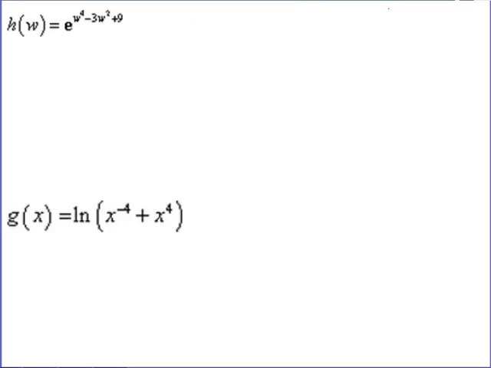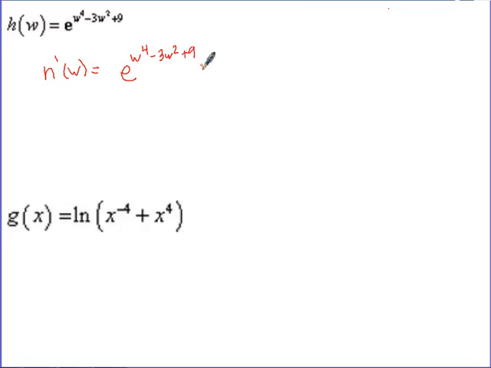All right. So here we go. My outside function is e to the x, right? And then my inside is all of this. So tell me, what do you think the derivative would be? So it's itself, right? So e to the w to the fourth minus 3w squared plus 9.